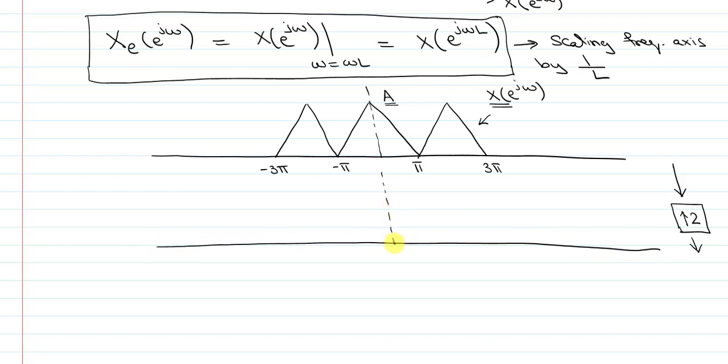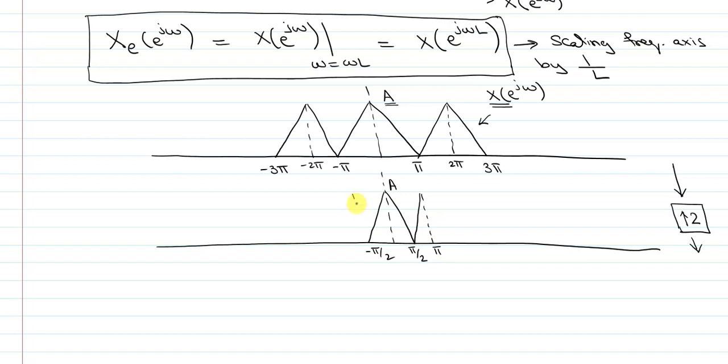The frequency axis basically gets scaled by a factor of 2. So this pi actually comes at pi by 2 and minus pi by 2. The height stays at A. And then, of course, this 3 pi goes to 3 pi by 2, and this 2 pi and minus 2 pi actually goes to pi.